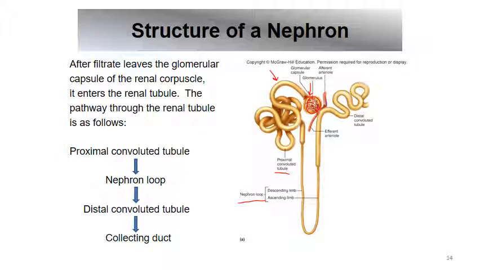The descending limb goes downward, ascending limb goes up. Then the loop of Henle connects to the distal convoluted tubule. Then they did not extend it here, but then the distal convoluted tubule will then connect to the collecting duct. Collecting duct is a little bit thicker, and to this, many other nephrons are connecting. So I'm just kind of making these little shapes there to show that other nephrons connect to the collecting duct.